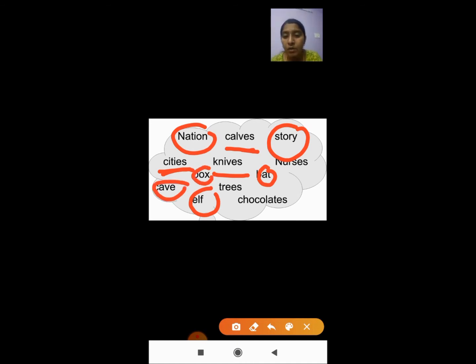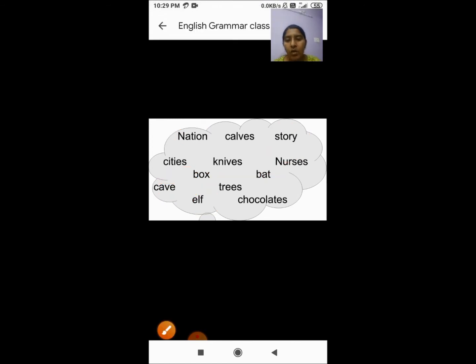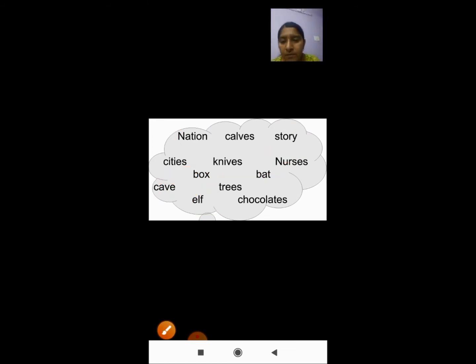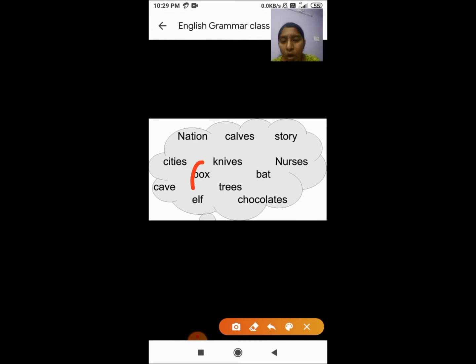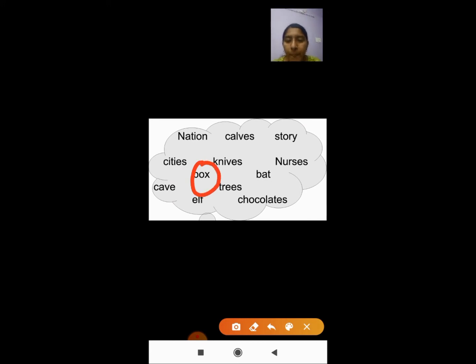And box is also singular. Okay, here box is singular, elf is singular, right? Cave is singular, nation is singular, story is singular, bat is singular.